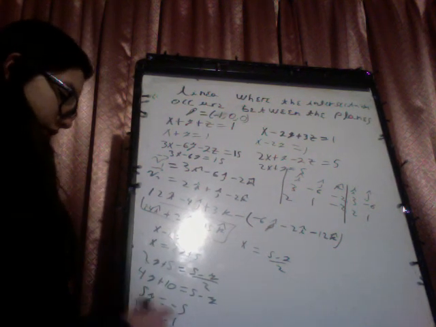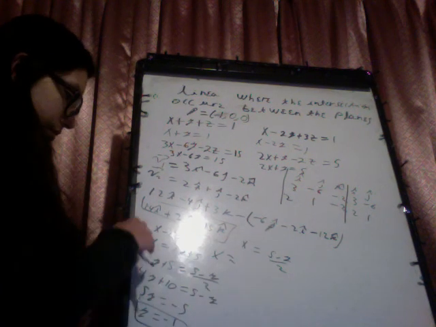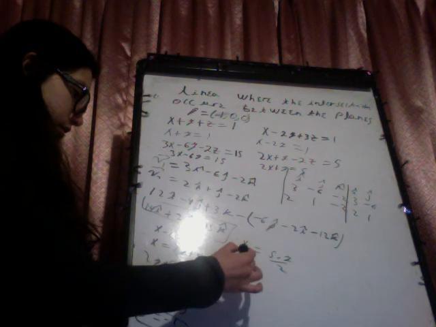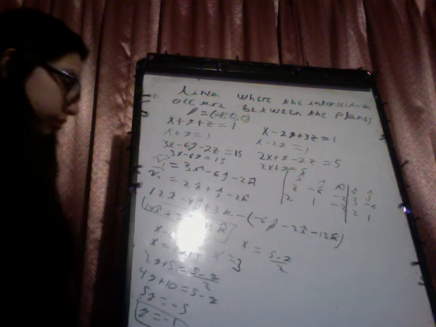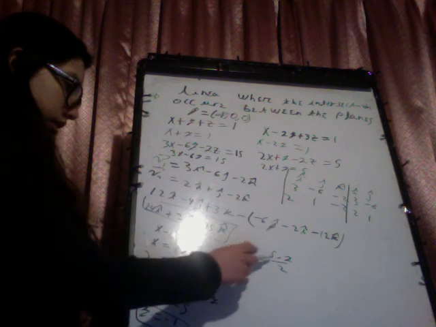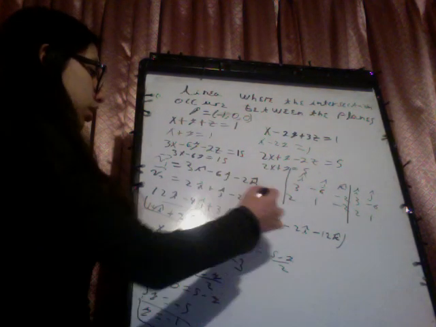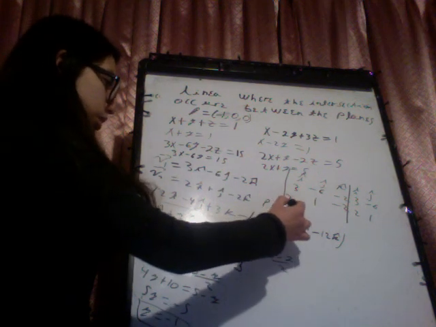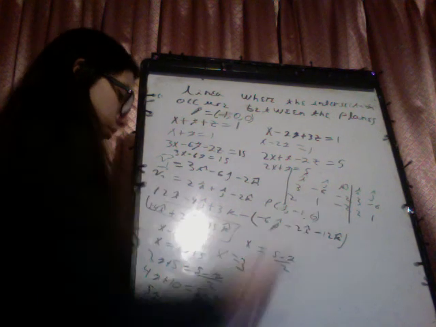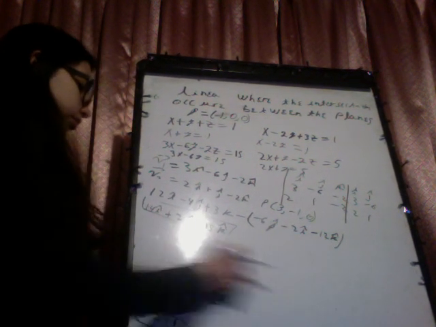We have y, now x. X is equal to minus 2 plus 5, 3. Or you could do it here: 5 plus 1, 6 divided by 2, 3. Alright, so our point is 3, minus 1, 0. And we have this vector that is parallel to the line.